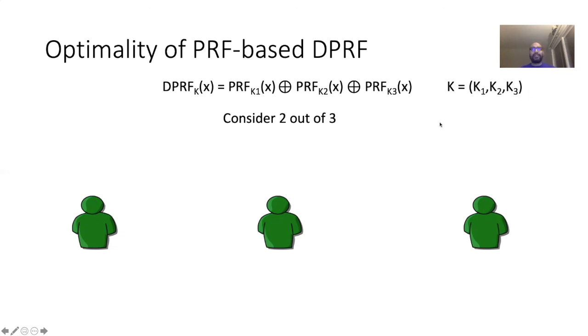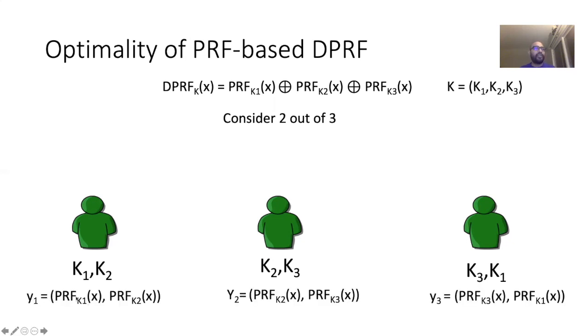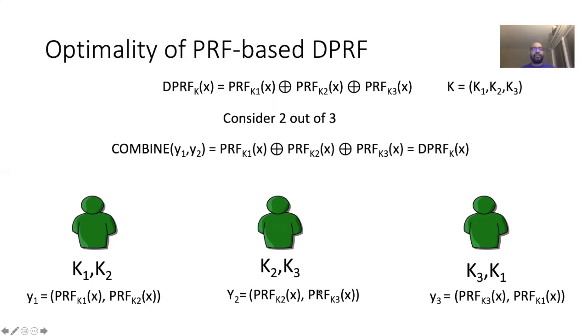Parties are given keys in such a way that any two parties have all the keys: the first party has K1 and K2, the second party has K2 and K3, and the last party has K3 and K1. The partial evaluation is simple: it evaluates the PRF on the input under each key it holds. On receiving all these values, it chooses the correct ones, and that's the output of the DPRF.